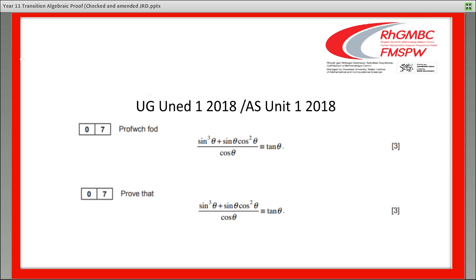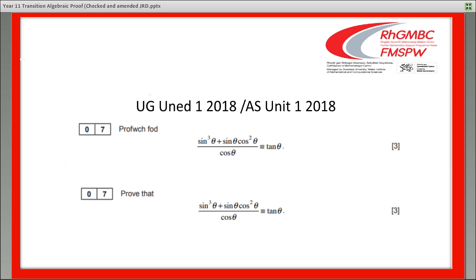Now, the next bit, again, is an AS one. And again, I've chosen this one because you learn two new bits of information for the AS mathematics, and this becomes an easy 3-mark question.